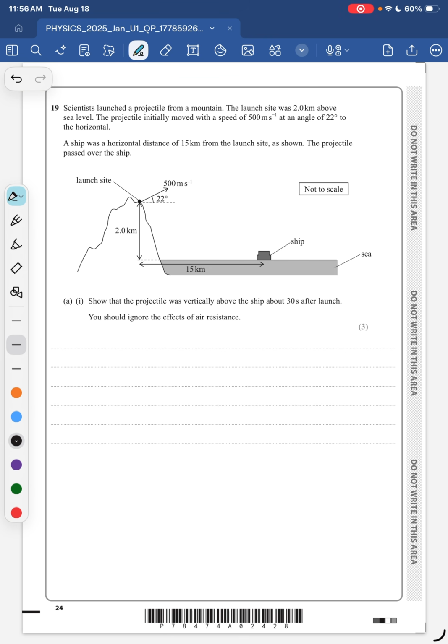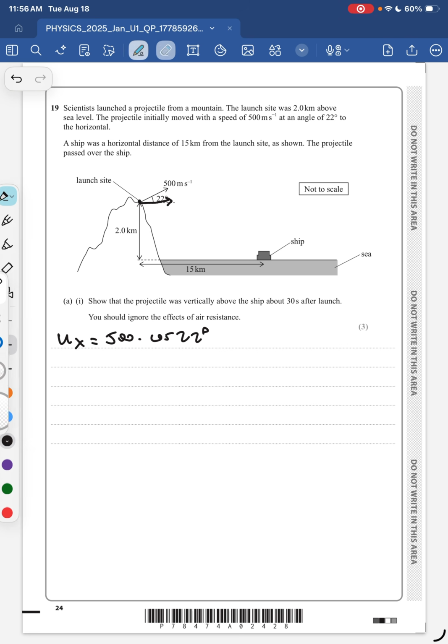Anyway, question A. Show that the projectile was vertically above the ship about 30 seconds after launch. You should ignore the effects of air resistance. Let's do some preliminary calculations. The initial velocity in the x direction is going to be 500 times the cosine of 22 degrees. So we are resolving the vectors.